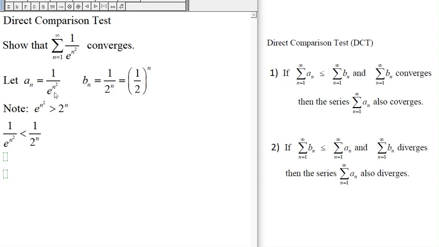Now we have to show two things. We have to show that the series a sub n is less than the series b sub n, and we also need to show that the series b sub n converges. So we have to show two things.